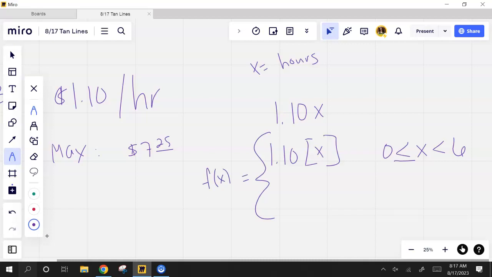Because if there's 0, then you're not saying it.